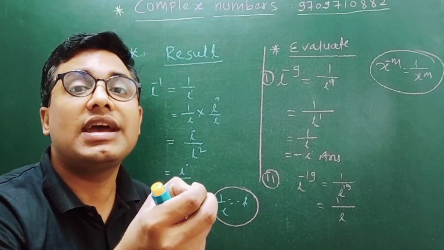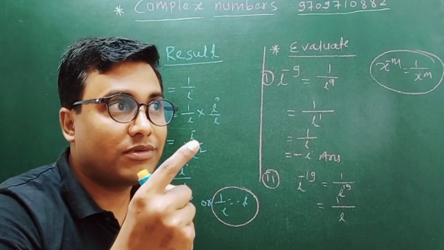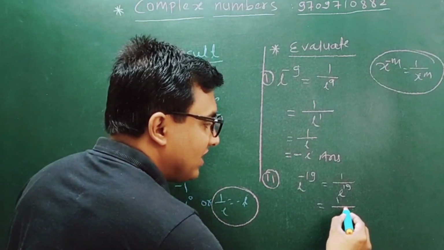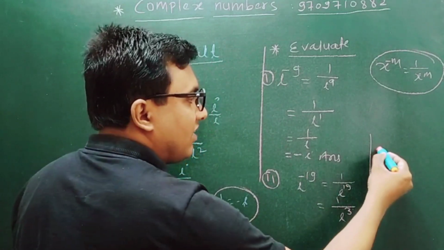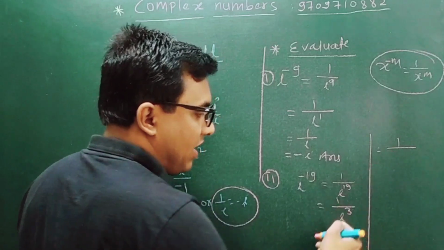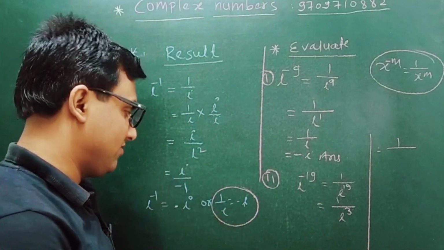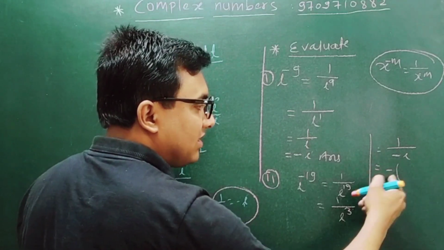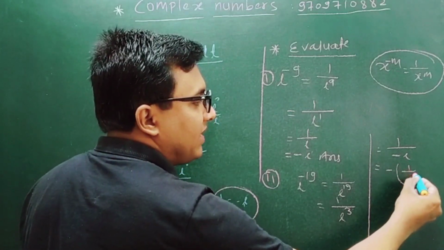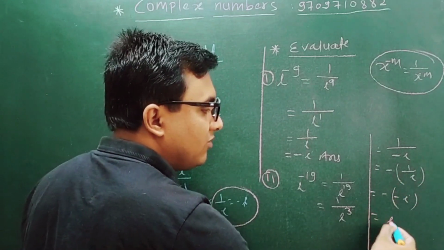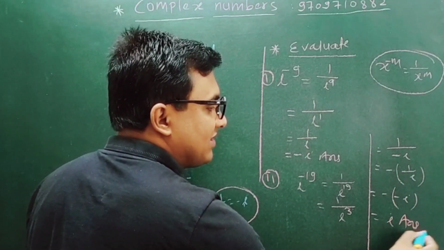We get 3 as a remainder: 4 fours are 16 plus 3 is 19, the remainder is 3. 1 upon iota to the power 3, which is equal to minus iota. Taking 1 by iota common, 1 by minus iota is equal to minus iota, which is equal to iota. It is your final answer.